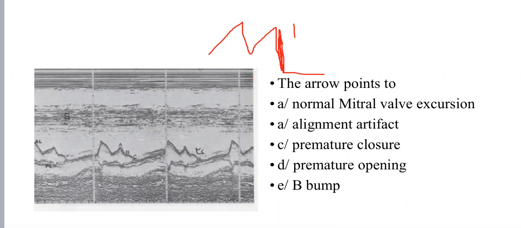How specific is that indication? How accurate in terms of specificity, if you see a B bump, to document diastolic dysfunction, high LVEDP?